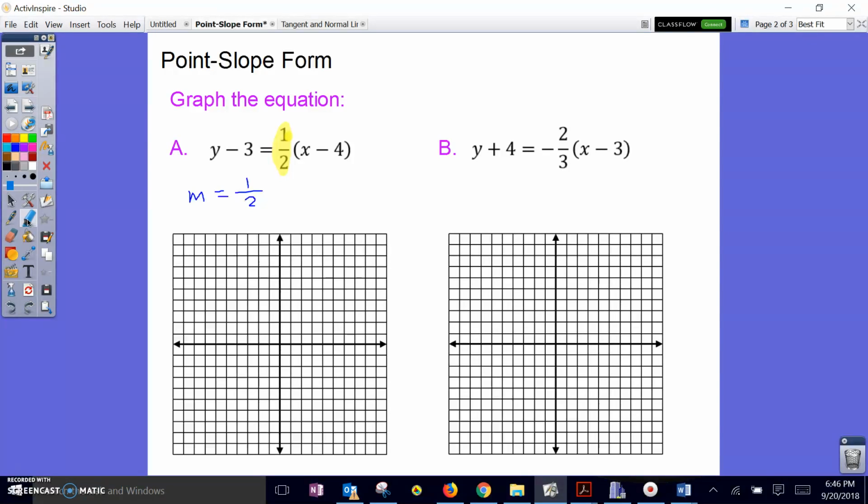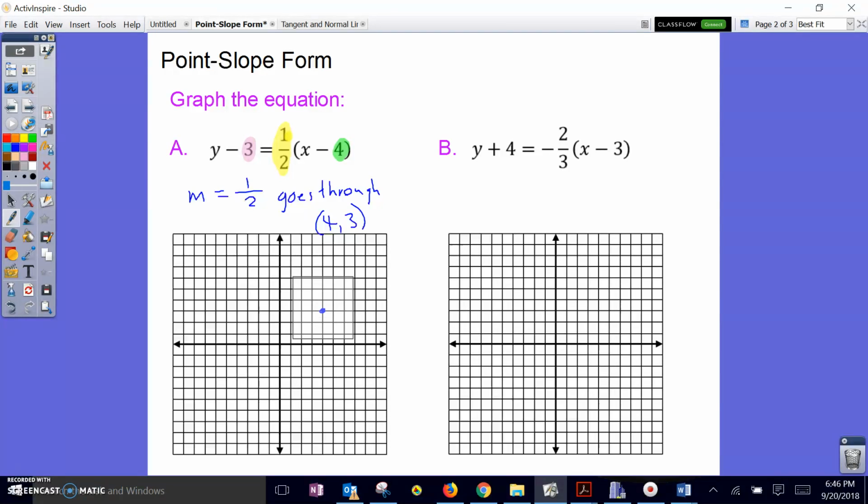And then I've got the x coordinate of the point and the y coordinate of the point. So this goes through the point 4, 3.